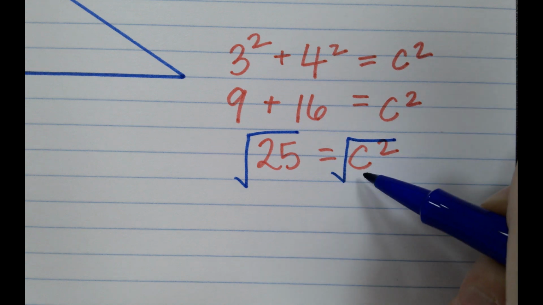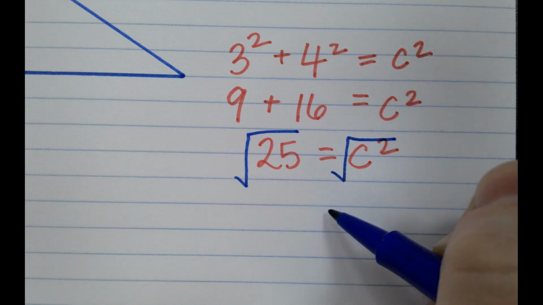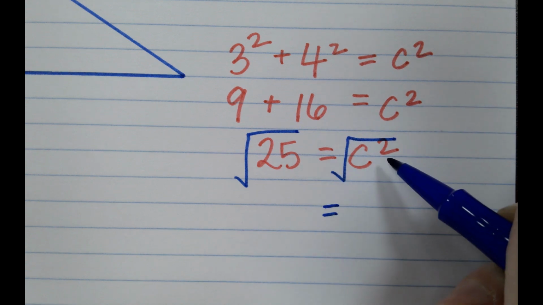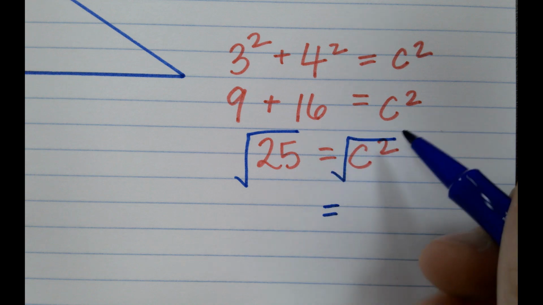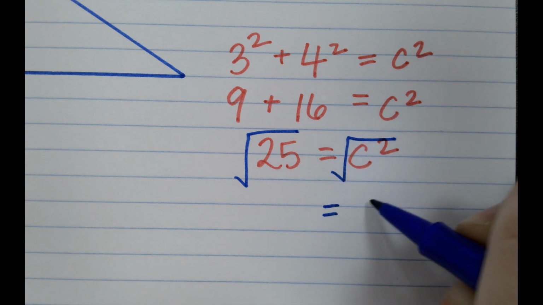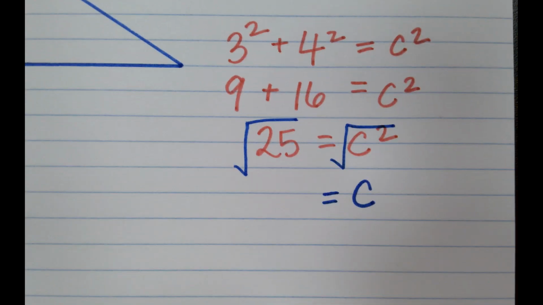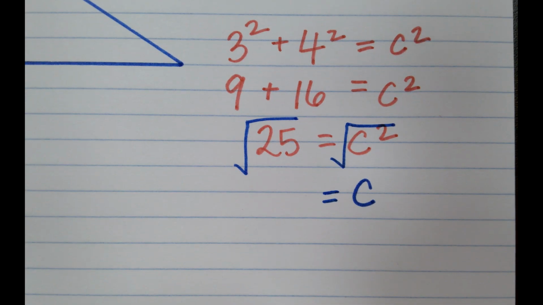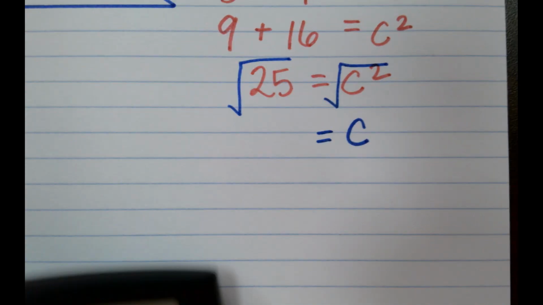So what would the square root of C squared be? What does that square root do to the 2? Gets rid of it. So we have C by itself now. Now we just need to find the square root of 25. You remember how to do that on your calculator? Second, x squared.